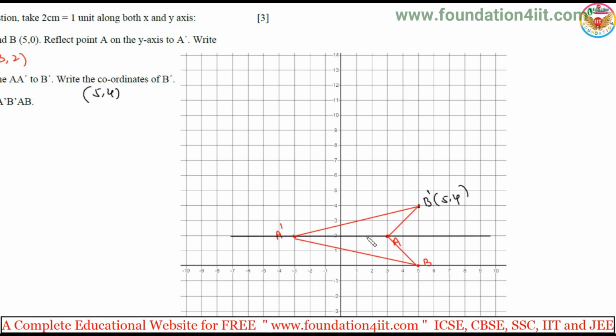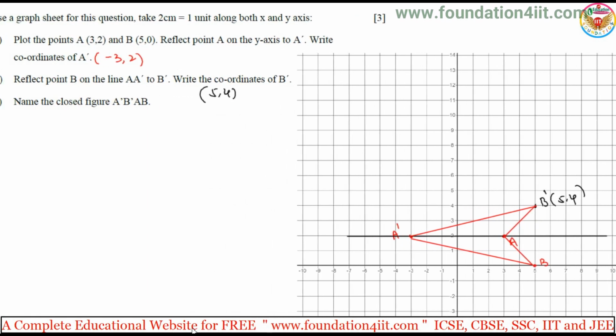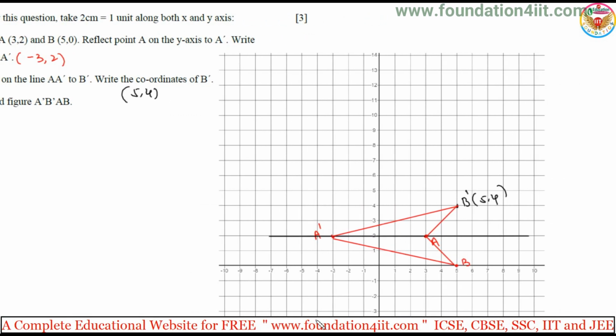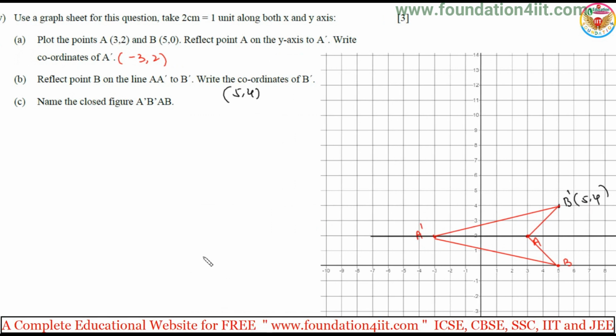Yes, if you join, this is an arrowhead, or it is a concave quadrilateral. It's not convex because one angle is more than 180. We can write two options. We can use concave quadrilateral because four sides, or arrowhead.